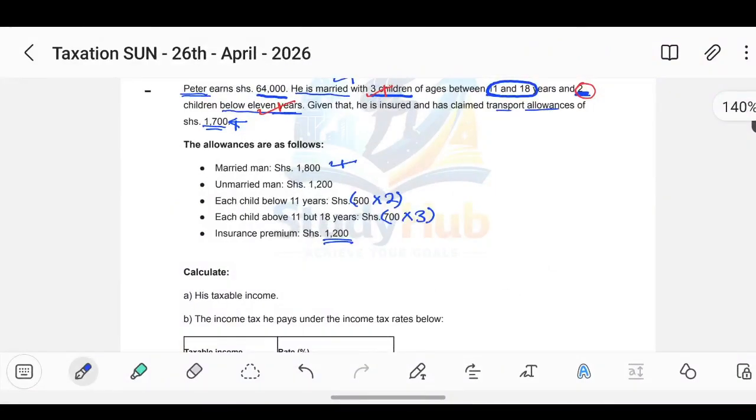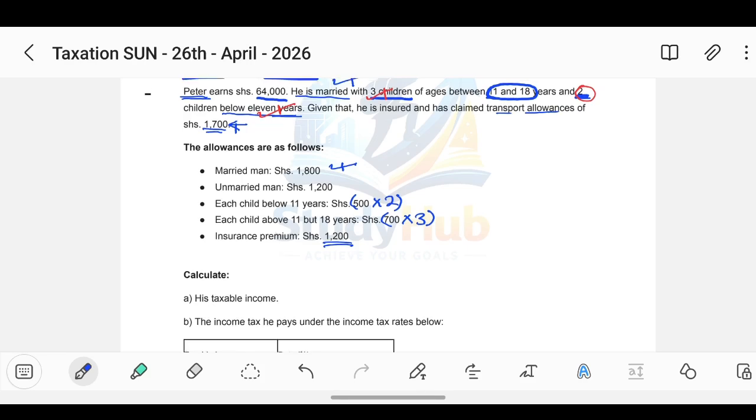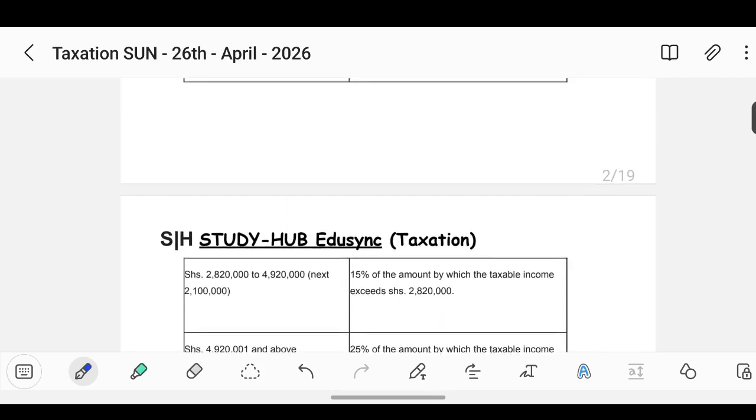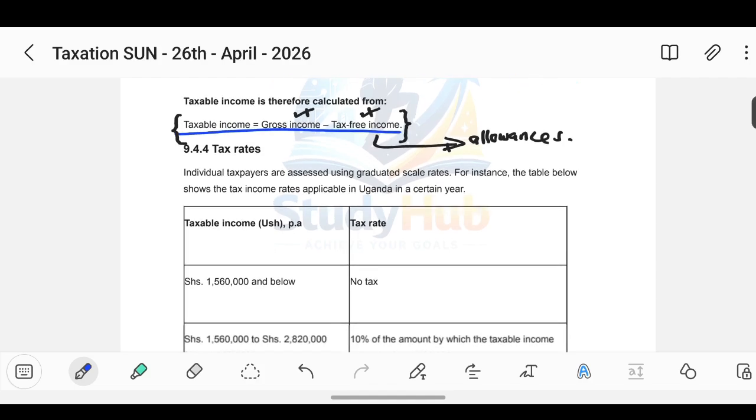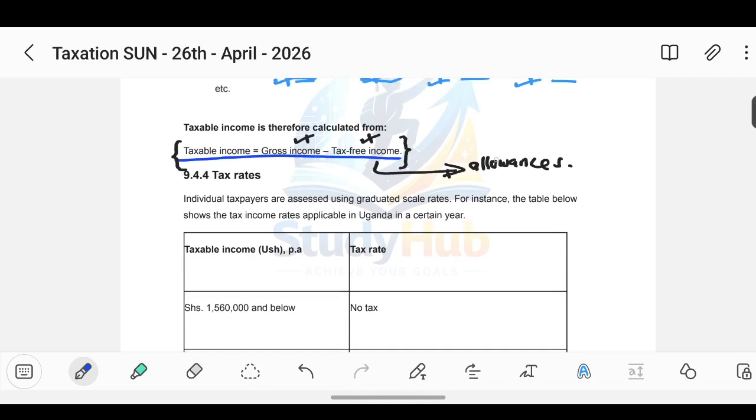So don't forget it. Then, when you try to sum up this allowance, because from our formula, taxable income equal to gross income minus tax-free income, there is need of getting these allowances, the total.